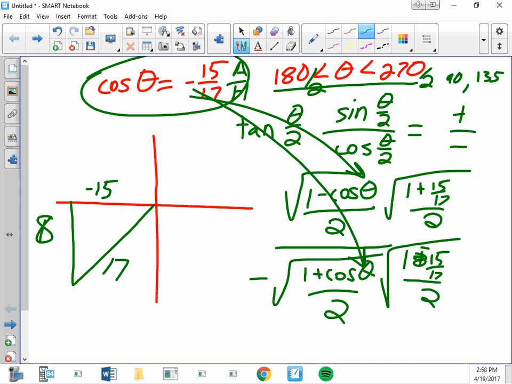So what is 15 over 17 plus 1? 32 over 17. So the top one is 32 over 17 over 2. And the bottom one, what is 1 minus 15 over 17? Just 2 17ths.